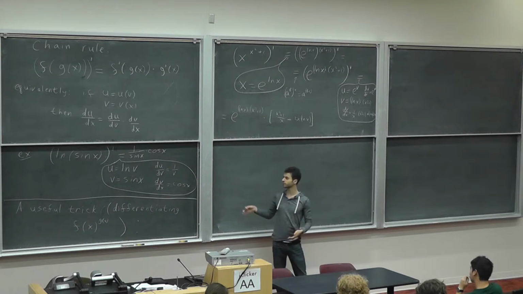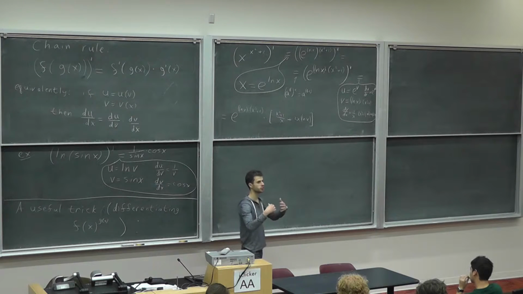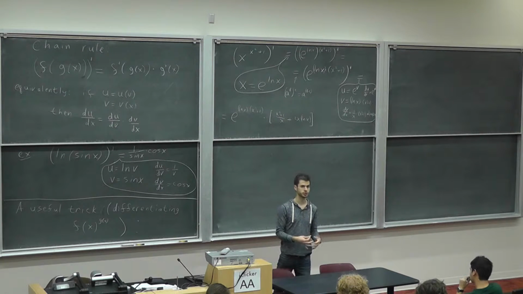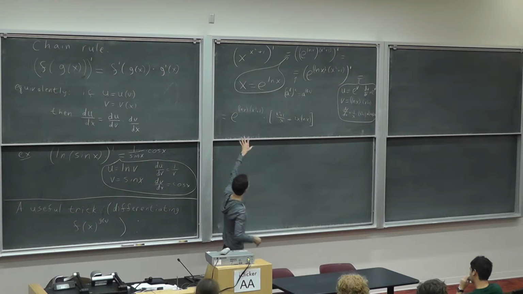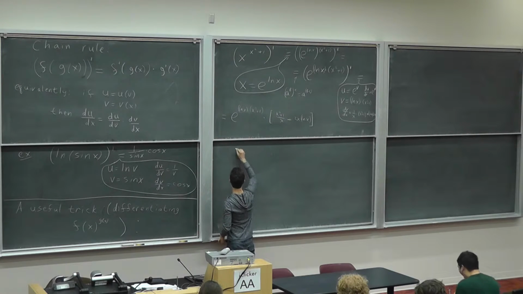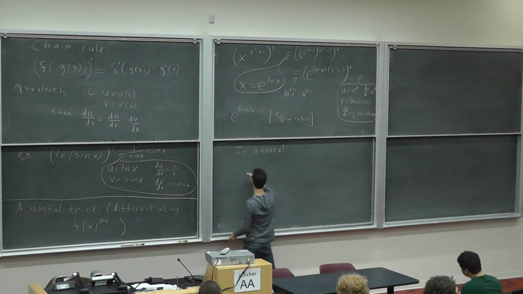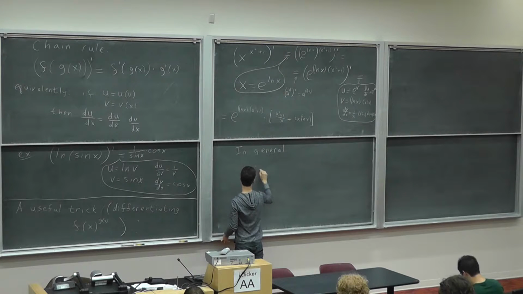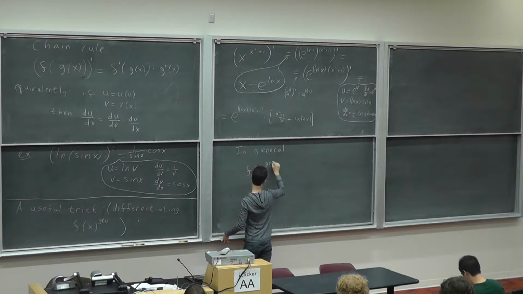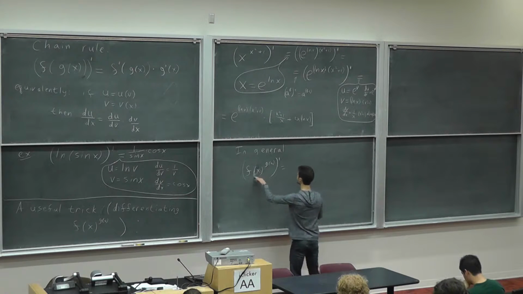So more generally, you can find the derivative of any function depending on x raised to any power that depends on x. And the trick is to do exactly the same procedure. More generally, if you want to find the derivative of f of x raised to the power g of x, let's do it quickly.